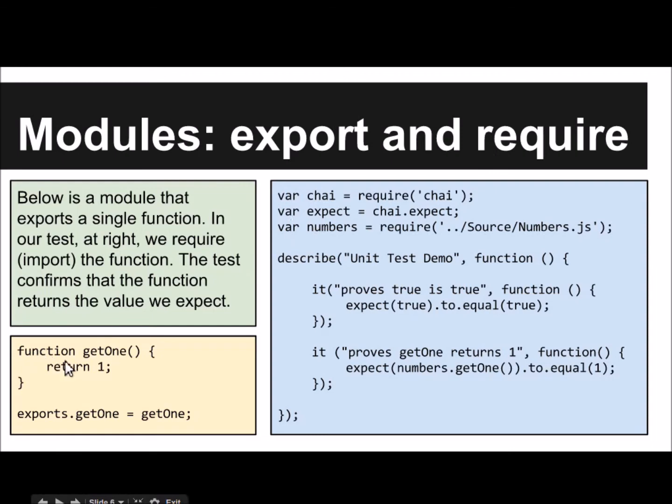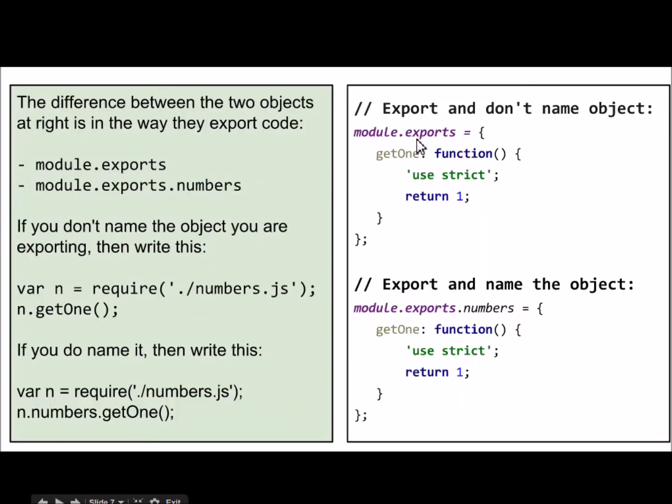Here we write function, we're exporting that function. Here we're exporting an object, and there's two different ways to do it. We write either module.exports and directly assign it to the object. Here's the object here. Or we could name the object that we want to export, where we go module.exports.numbers, and then we export our object.